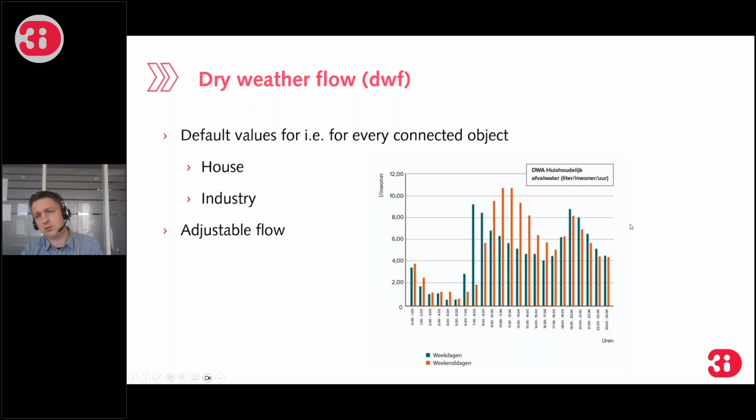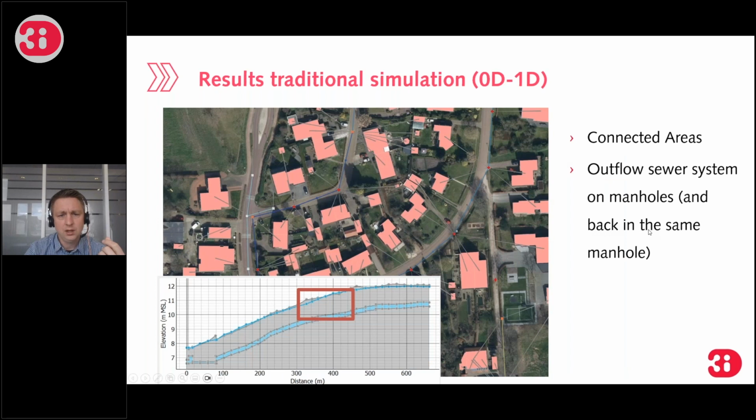Of course, if there is a really heavy rainfall event, then this is just a small fraction of the heavy rain. So if you're going to analyze these results, in this map you can see here the roofs being connected to the sewer system, and you can have these longitudinal profiles where you see this water going on the streets.